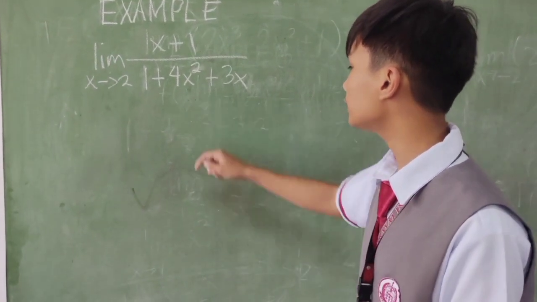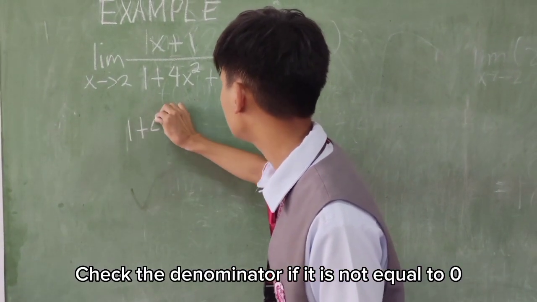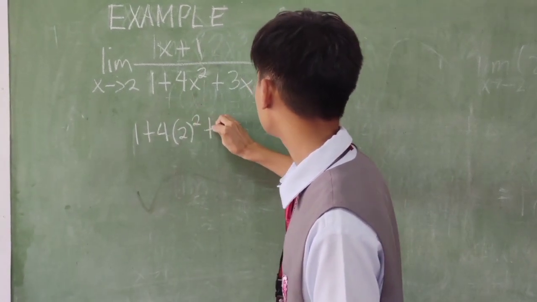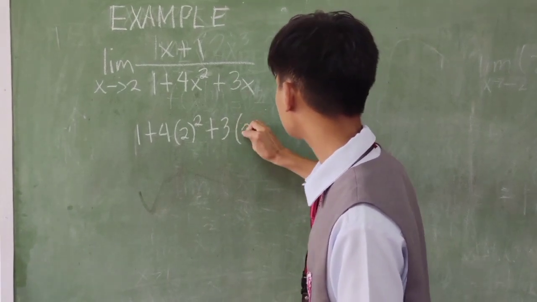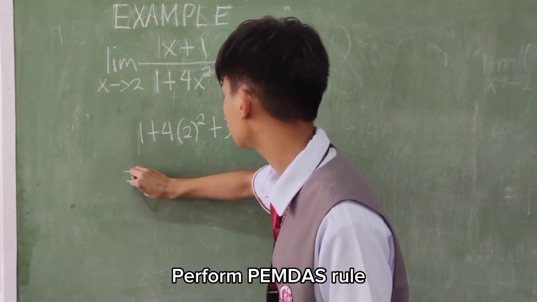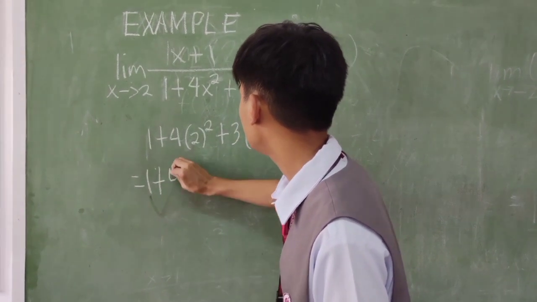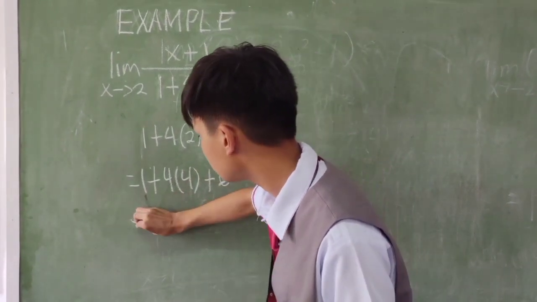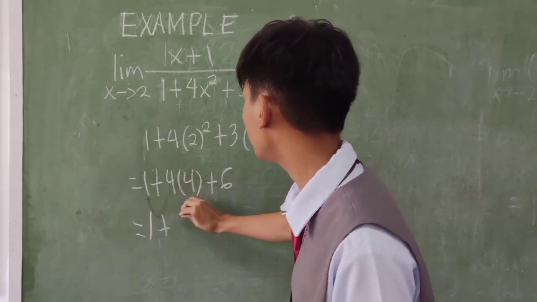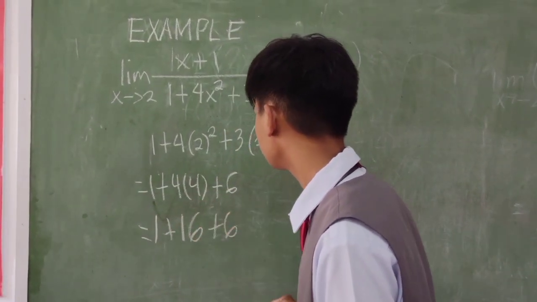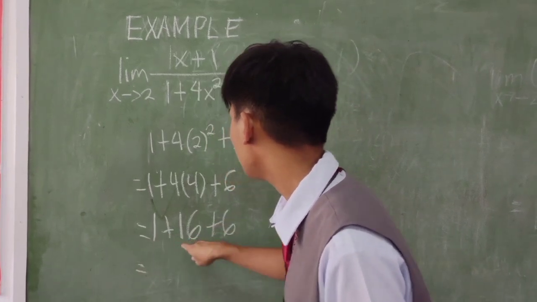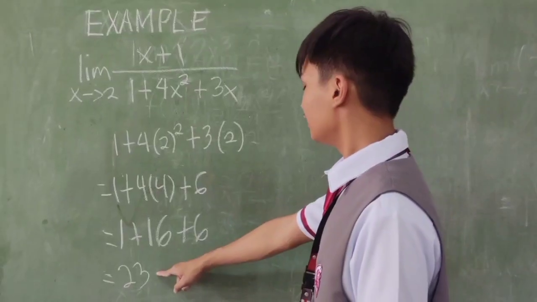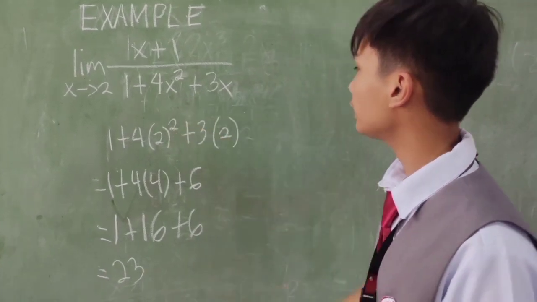Ang una natin gagawin ay kukunin natin ang denominator. 1 plus 4, substitute the value of x which is 2, then square, plus 3, substitute the value of x, equals 1 plus 4 times 2 times 2, 4, plus 3 times 2, 6, equals 1 plus 4 times 4, 16, plus 6, is equal to 1 plus 16 is 17, plus 6, 23. Since the denominator is non-zero, let's solve the example.